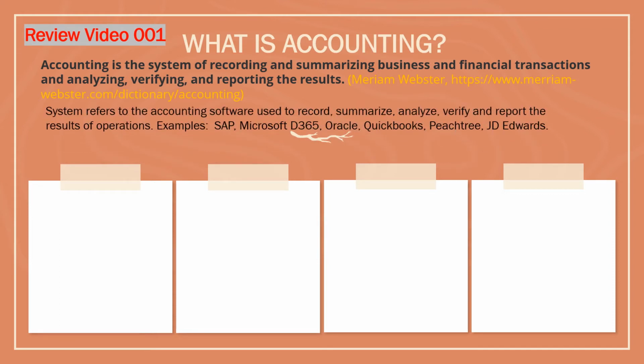When it says system, the system refers to the accounting software used to record, summarize, analyze, verify, and report the results of operations. Examples of this accounting software are SAP, Microsoft D365, Oracle, QuickBooks, Peachtree, and JD Edwards, among others.